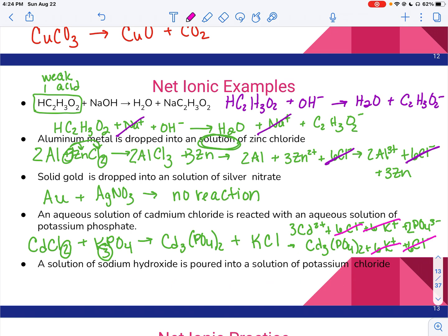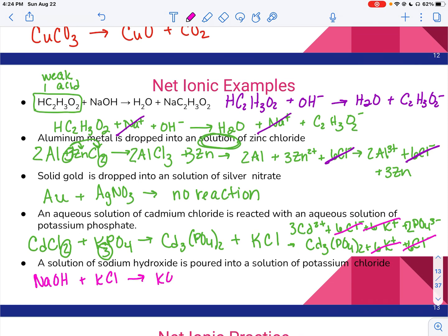Okay. Now here, we have sodium hydroxide plus potassium chloride. And that's a double replacement, will give us potassium hydroxide plus sodium chloride. So potassium and sodium are our 2 soluble things that we need to know, or 2 of them.